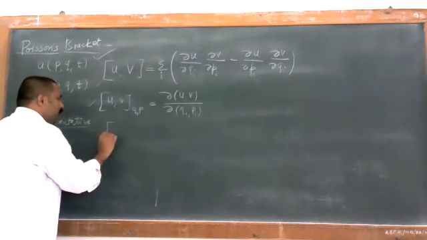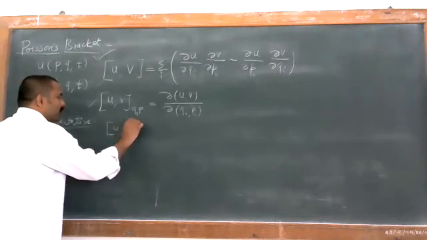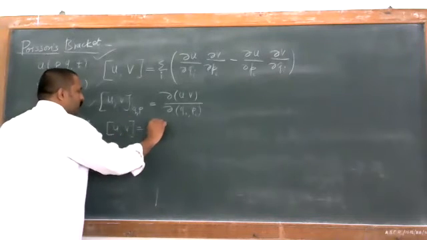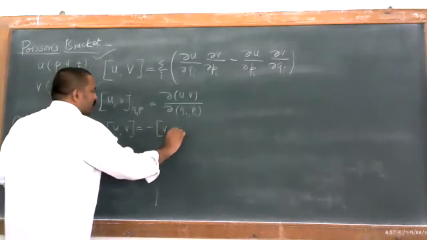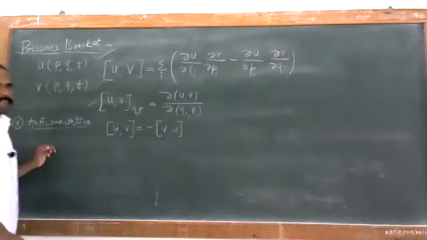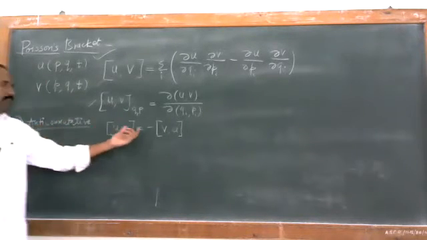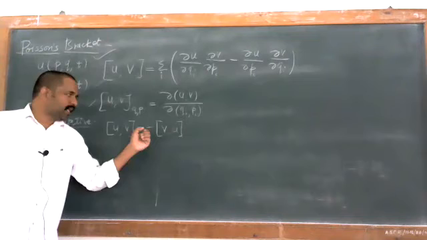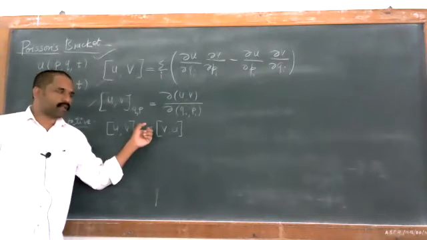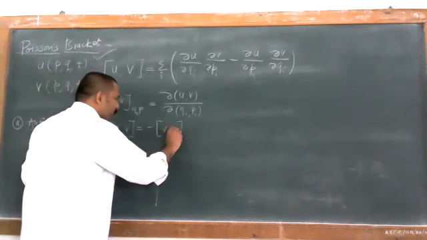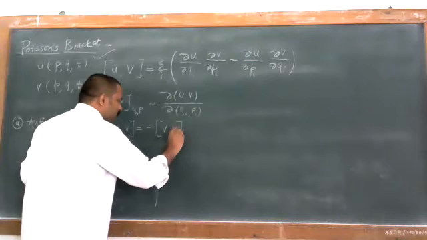It means that we have to show the Poisson bracket of u, v is equal to minus the Poisson bracket of v, u. The Poisson bracket of u, v is the same as that of v, u when it has a negative sign. So we'll have to prove this.